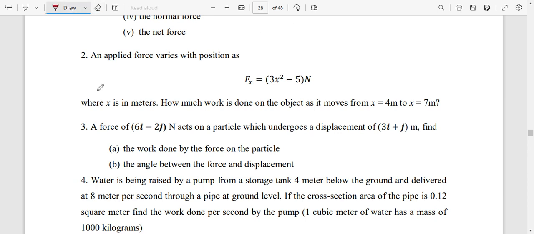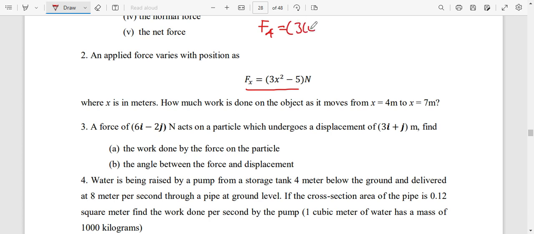Okay, consider question 2. An applied force varies with position as f of x is equal to 3x squared minus 5 newtons, where x is in meters. How much work is done on the object as it moves from x equals 4 to x equals 7? Now, at x equals 4, what will be the force?